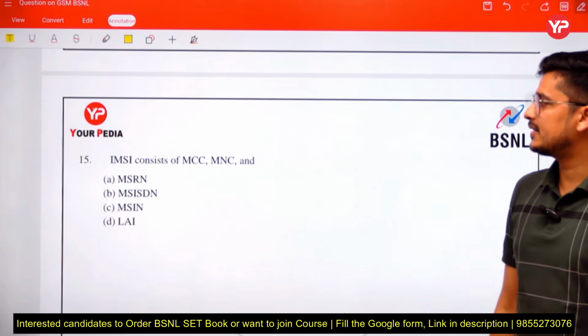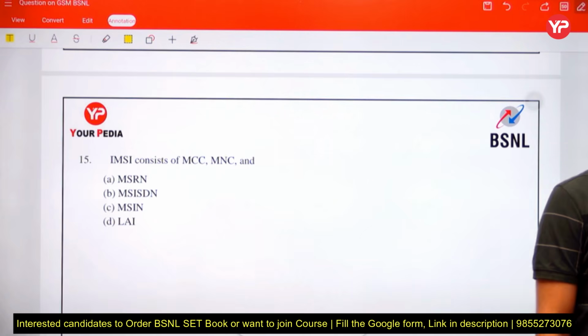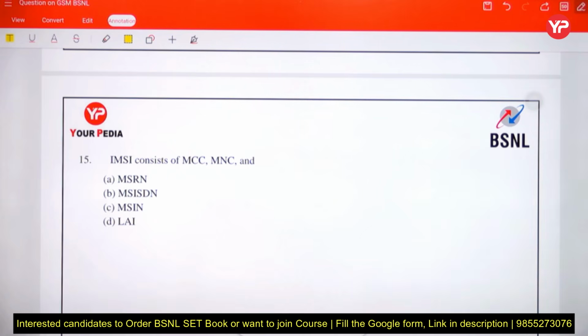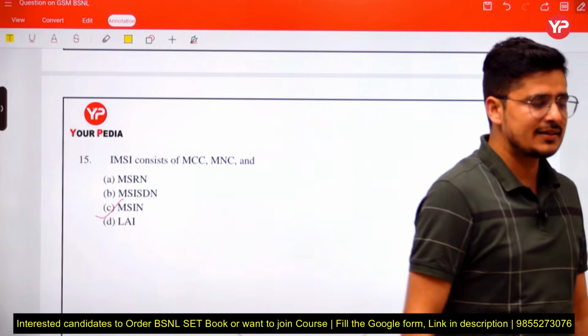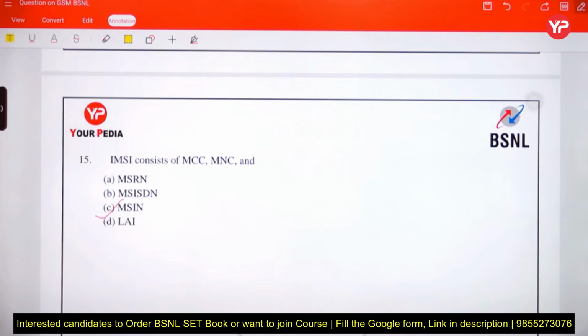Next is the structure of the IMSI. That is the subscriber identity. It has three parts: one is MCC, another is MNC, and the last part is MSIN. MCC stands for Mobile Country Code.